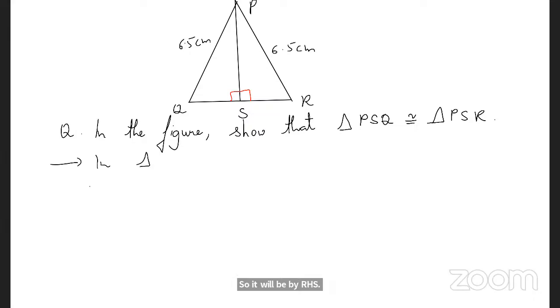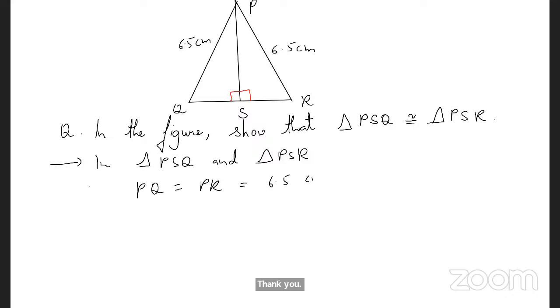In triangle PSQ and PSR, PQ is equal to PR, that is 6.5 centimeter.